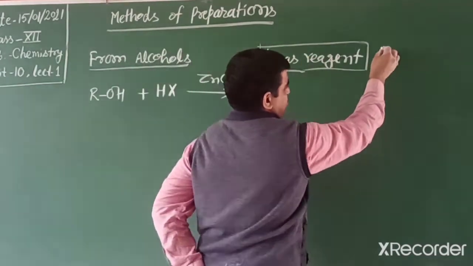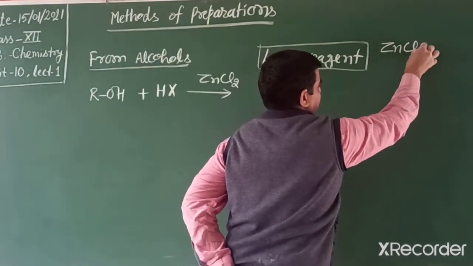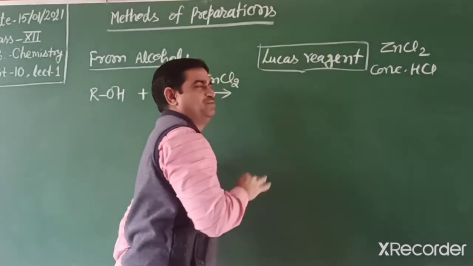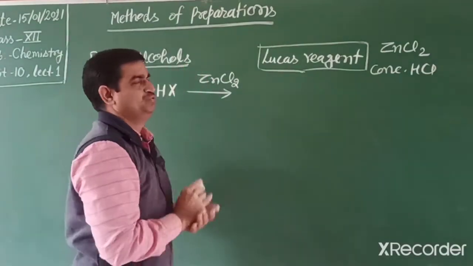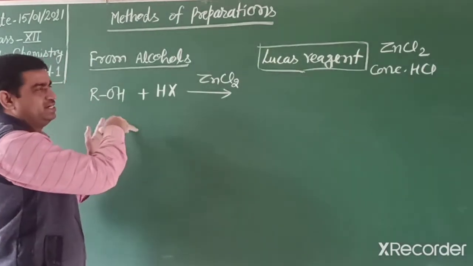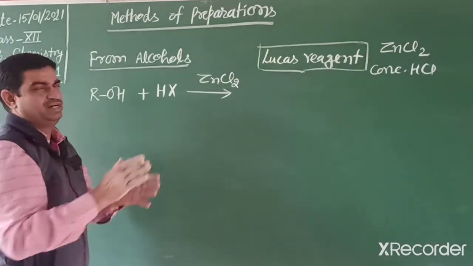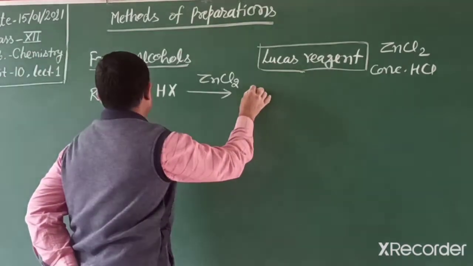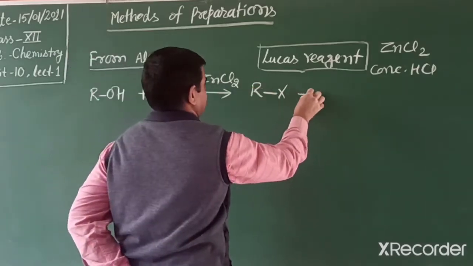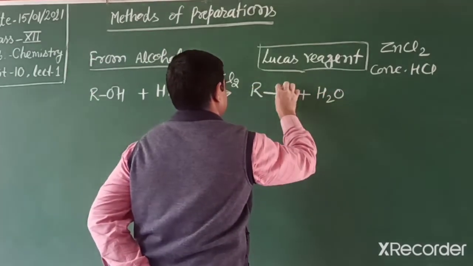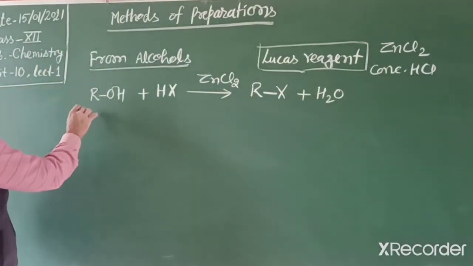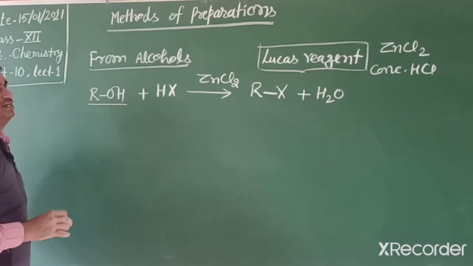This reagent is zinc chloride and concentrated HCl. Generally, to prepare chlorides, we use this reagent. Primary, secondary or tertiary alcohols convert to the corresponding halides, RX, and water. This reaction is very important because it distinguishes different alcohols.